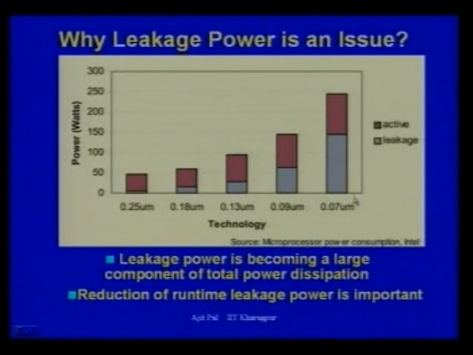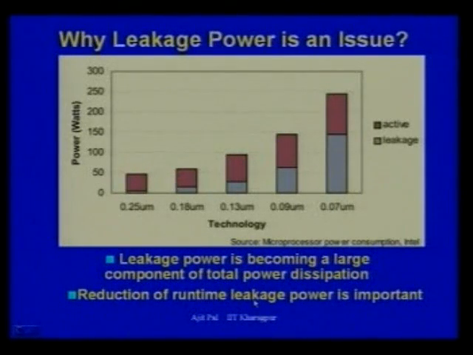As you go to 70 nanometer, you find the leakage power dissipation is larger than the dynamic power dissipation, and as a consequence, leakage power is becoming a large component of total power dissipation, more than 50%.